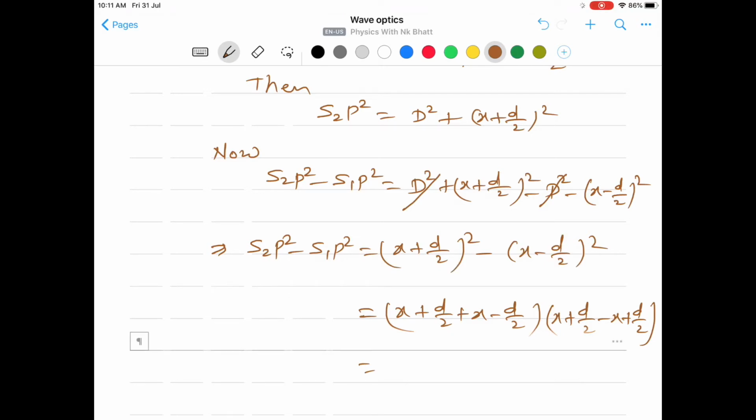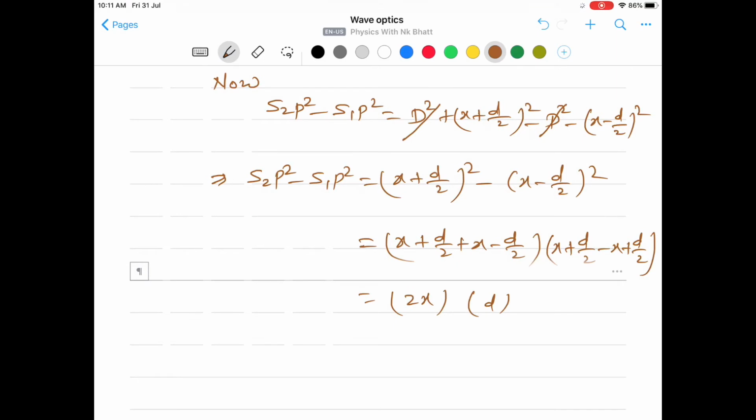So in the first bracket d by 2 is cancelled, you will get 2x, and in the second bracket x is cancelled and d by 2 plus d by 2 is d. That gives us S2P square minus S1P square is equal to 2xd.